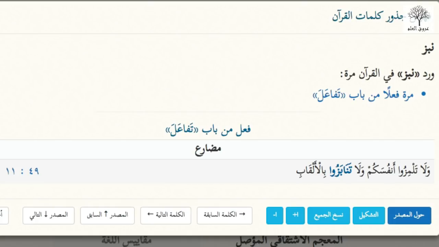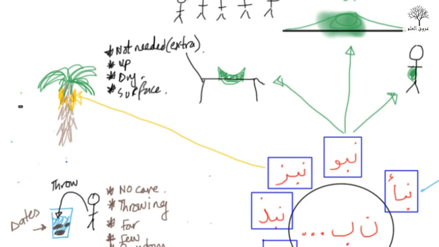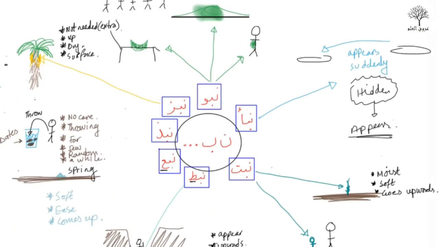Alqab means names. Tanabuz, it means like the date palm, those things that were growing over it. So la tanabazu one another. Don't attach those alqab to one another. Don't throw these names at one another. It's just very powerful how when you understand this root meaning, it has such an effect on a person.